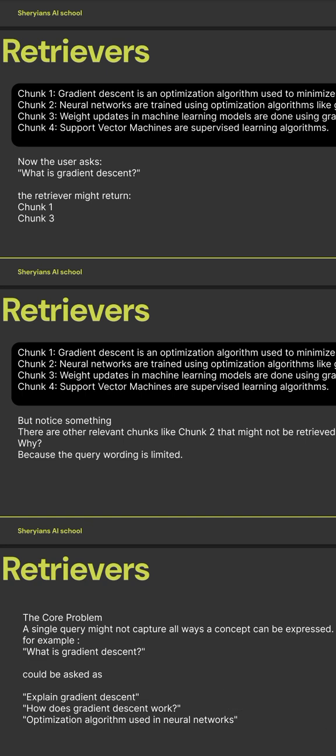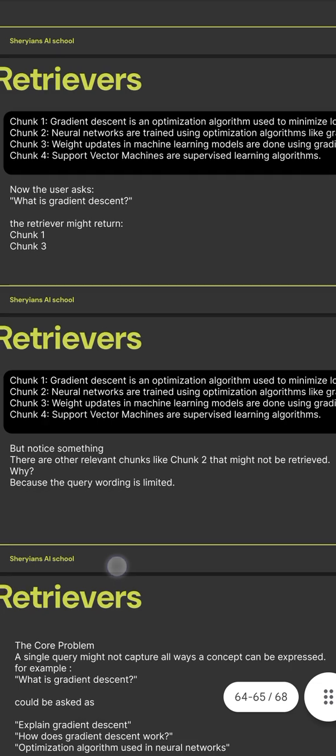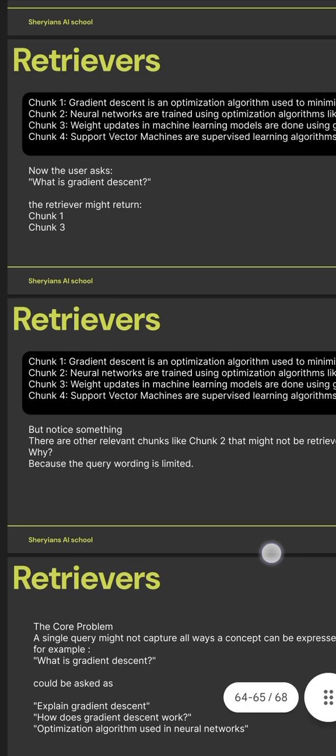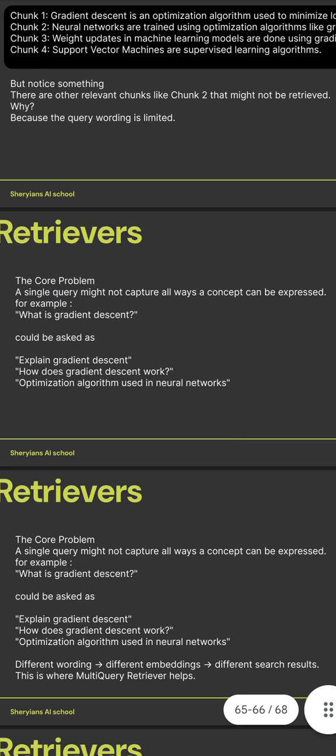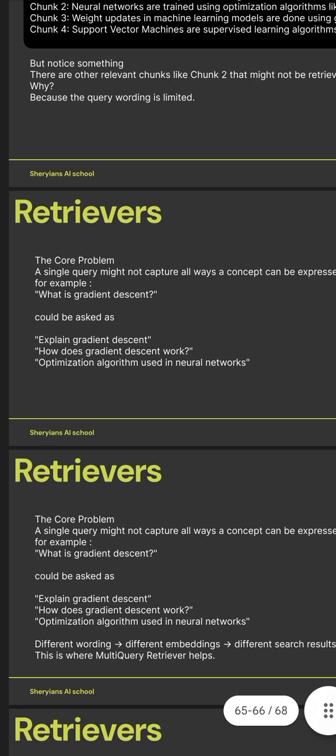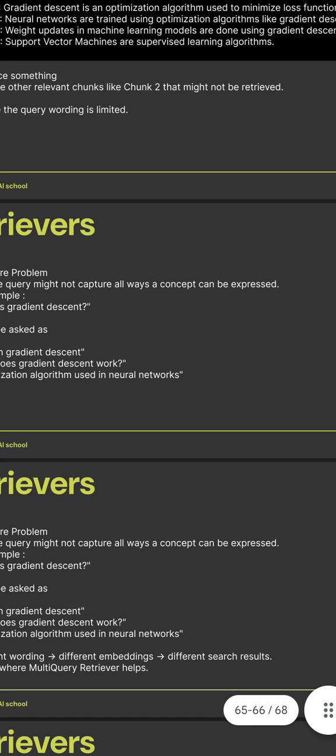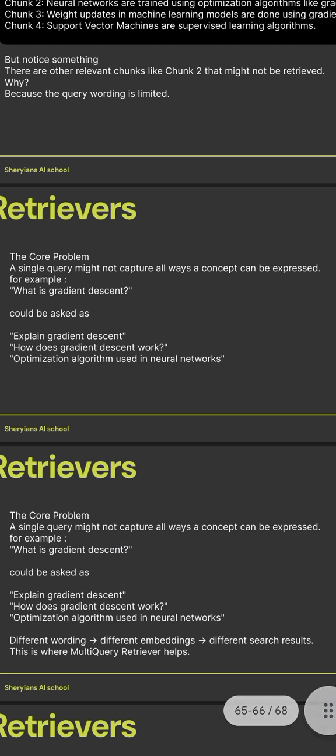But notice something: some relevant chunks, like chunk two, might not be retrieved. Why? Because the query wording is limiting. The core problem is that a single query might not capture all the ways a concept can be expressed.